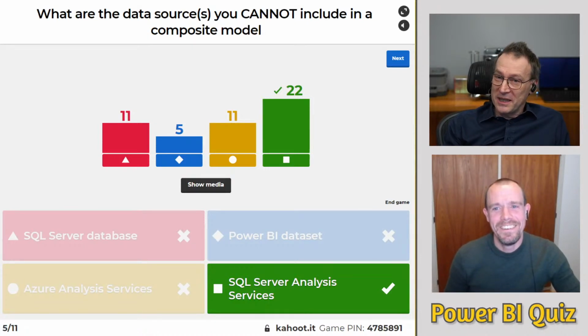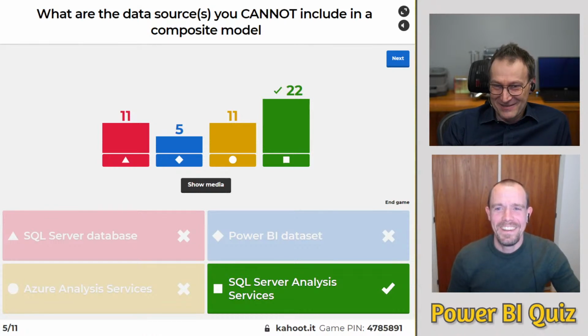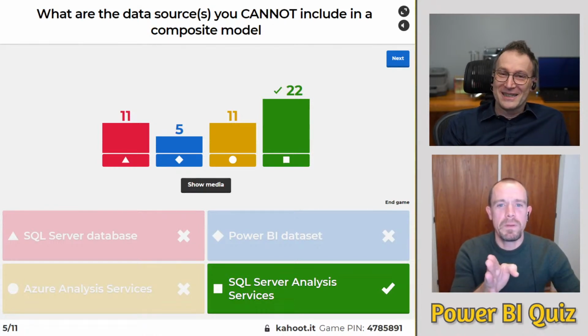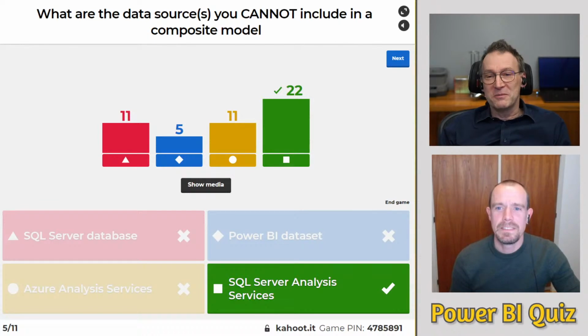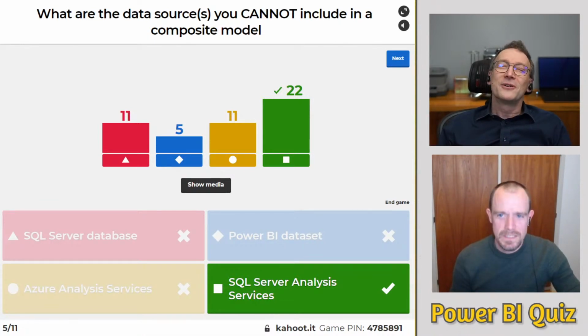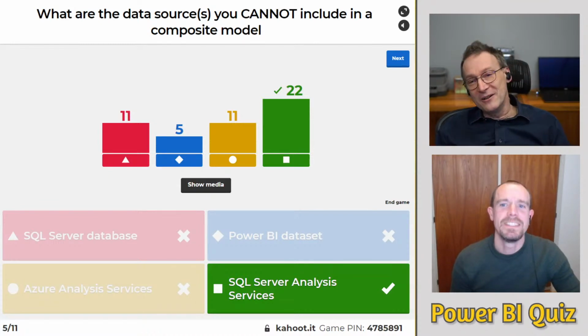We cheated at the beginning with the term composite models, and now that is firing back at us, because it's correct. But then none of these answers would be correct. So keep in mind, for everybody from now on, that to us, composite models means the new composite model using direct query over Analysis Services.